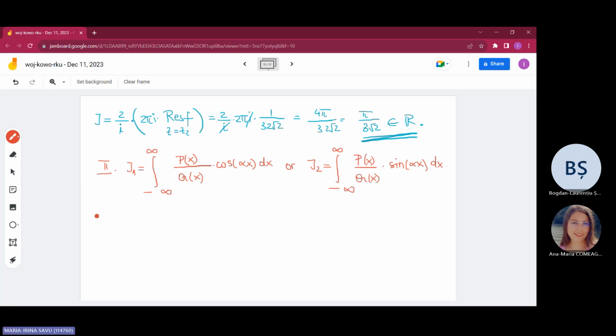The steps are the following. Step 1: consider f of z, which is p of z over q of z times e to the i alpha z. Alpha is a real positive number.